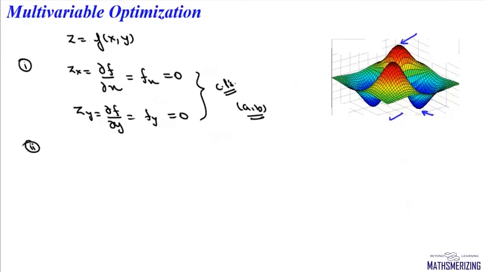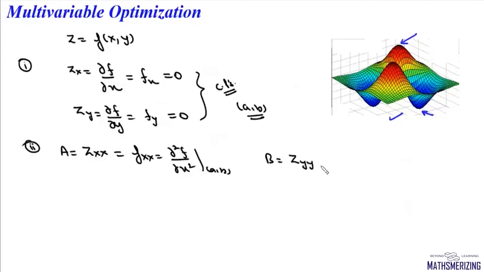For the second derivative test, we'll find zxx, that is, the second derivative of f with respect to x at this point (a, b), and we'll call it, say, capital A. We'll find B, which is the second derivative of the function with respect to y, which we'll also say fyy, that is del square f upon del y square at this point (a, b), and we'll find C, which is the cross derivative of this function.